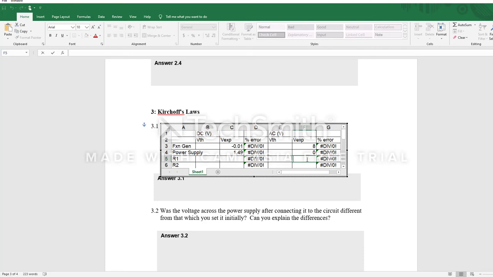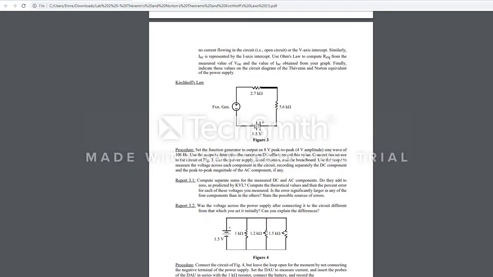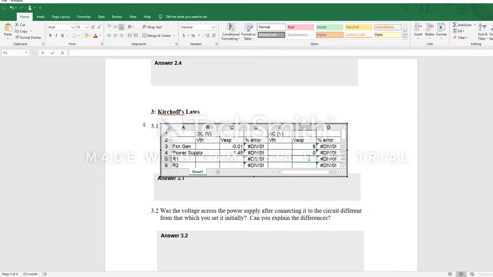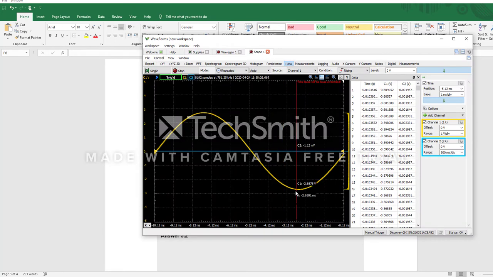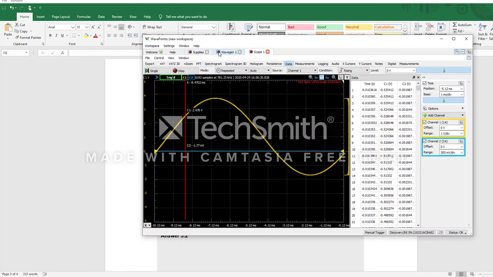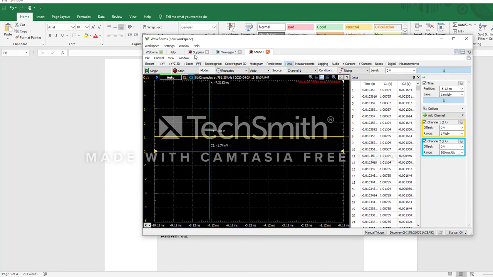Let's write it as such. Right, let's calculate the DC offset. Let's turn off the AC voltage and turn on the DC voltage. It's almost 1.01 volt.